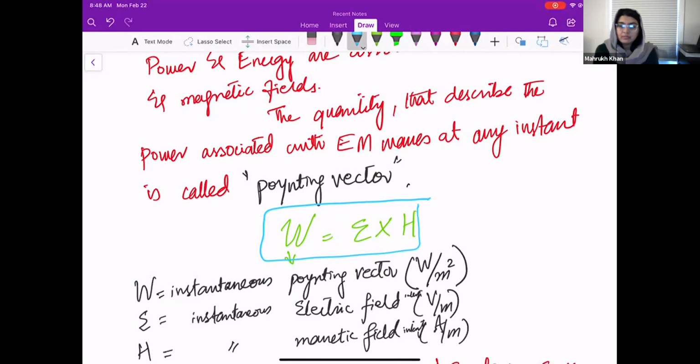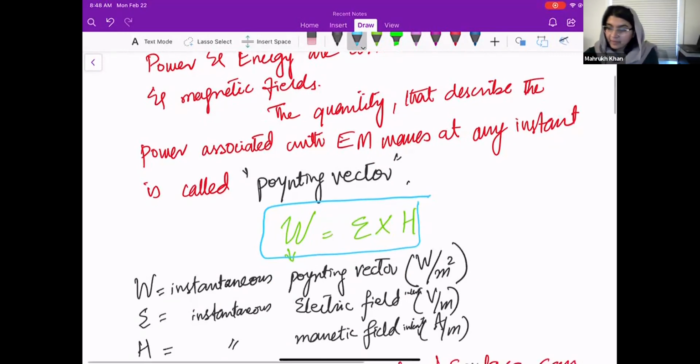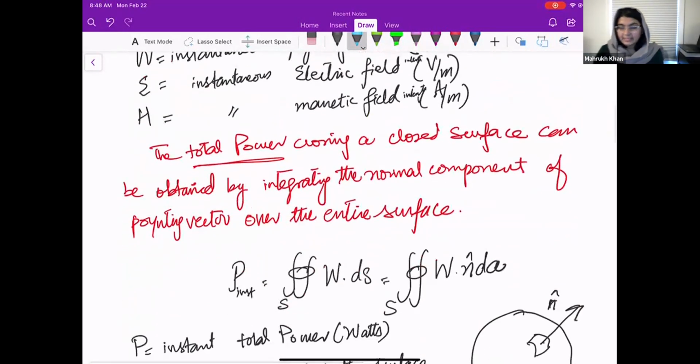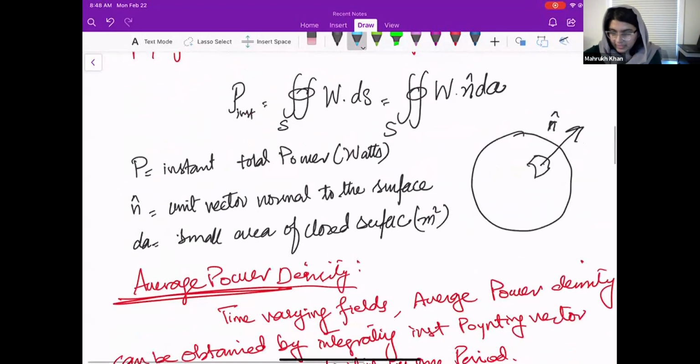Bryce, what do you think? Yeah, this is clear. Then if I go down, we said that the instantaneous total power is the integral over the area of the instantaneous power density, right? Okay, so we are good with that.